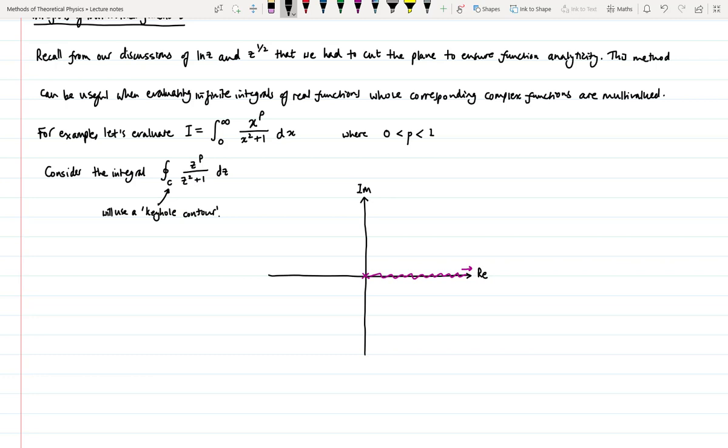I'll make a little note here. That branch cut to plus infinity constrains angles to be between 0 and 2 pi. Okay, we're now going to draw a keyhole contour.